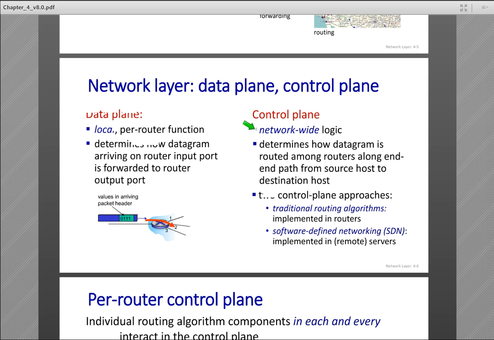It means that in the control plane, we should know about the whole network, the structure of the whole network, and make decisions on how to handle different packets, datagrams, between sources and destinations.